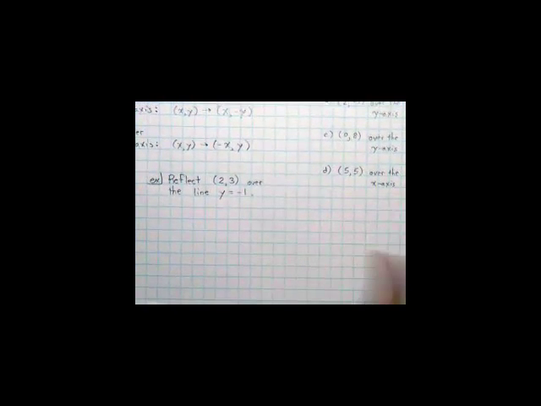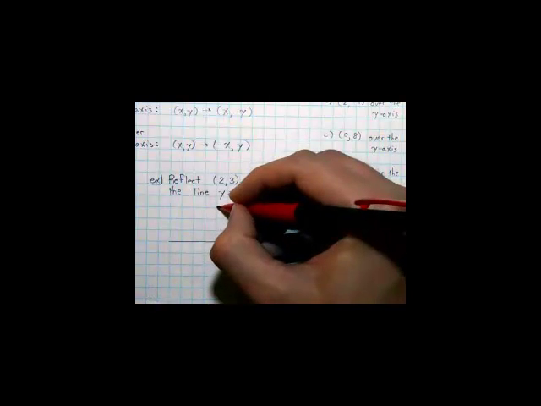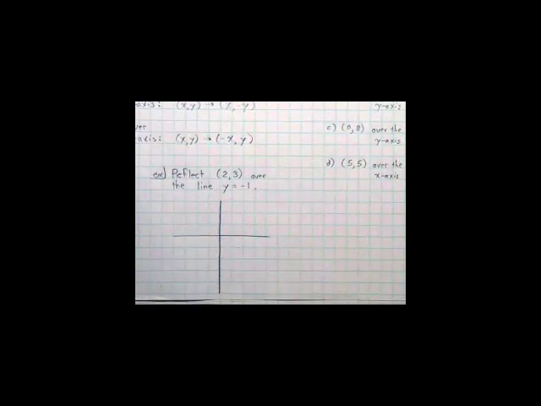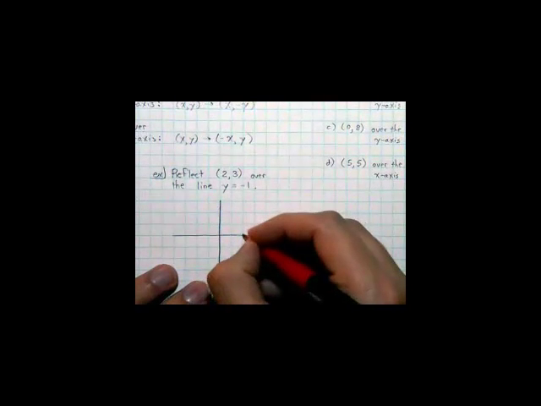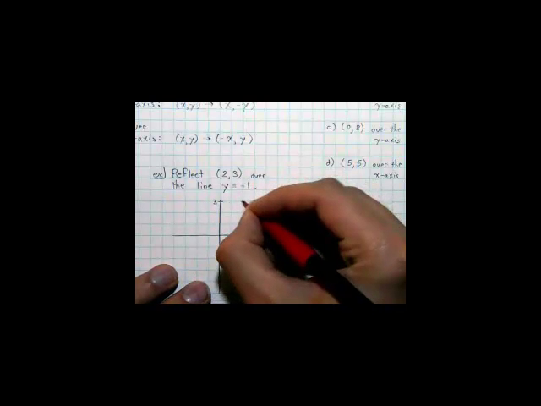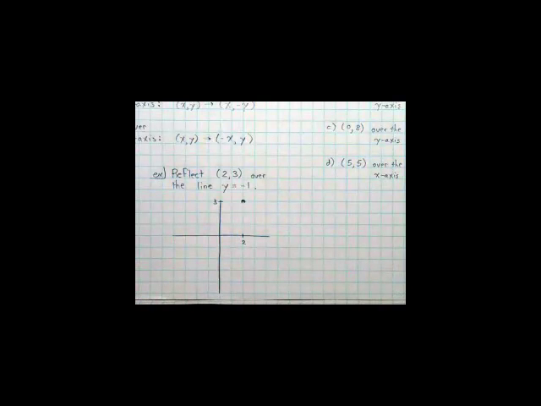But in any event, for this one, we're going to start with the point 2, 3. So here's our little point. And we're not reflecting over an axis. We're reflecting over the line y equals negative 1. Well, where's the line y equals negative 1?